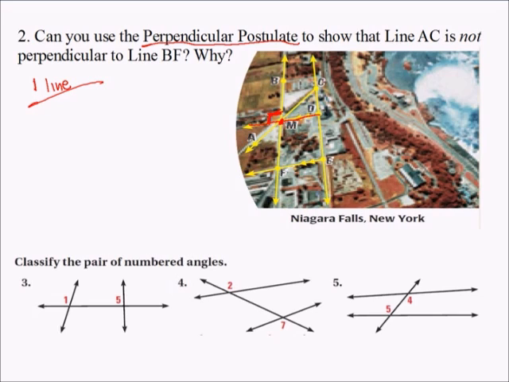And since MD does that, I'm guaranteed that line AC cannot be perpendicular. It's because line MD is already perpendicular, and I don't know if y'all remember this little symbol right here, to line BF.